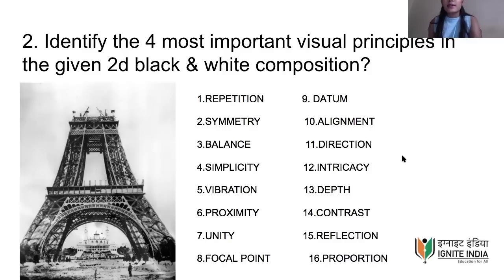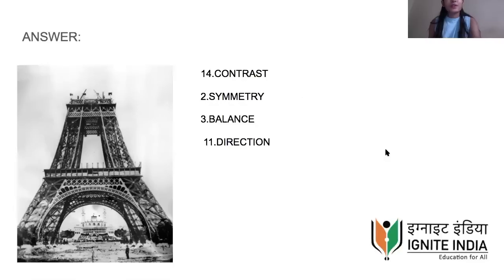So let's see the answer for this question now. The 4 most important visuals of principles of design in this image are: first, contrast. Why contrast? Because the 4 most important visuals will be the ones that your eye sees first.